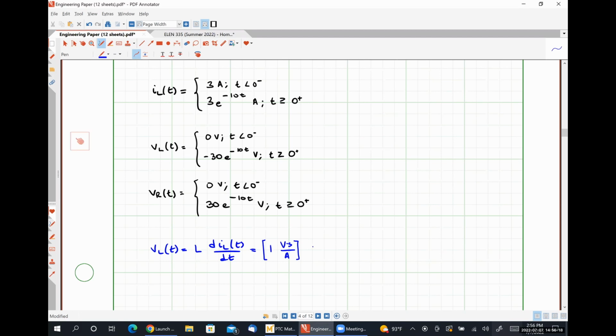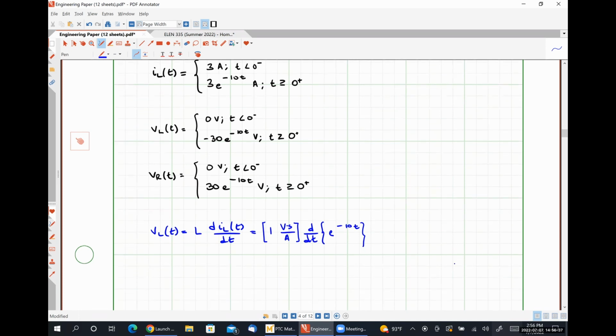And now we're going to have the derivative with respect to time of, sorry, 3 e to the negative 10t amps. I had a total brain fart there.